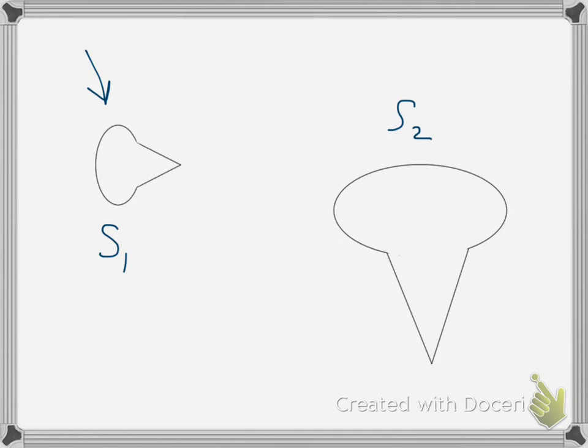So if this point would be correlating to that point, we could have a vector that would translate there, and then we could rotate the figure and make it map exactly on top. So that leads us to our definition that we're going to use for similarity. You should find a place to write this in your notes and record this, because we're going to use this for the length of this lesson and the following lessons.